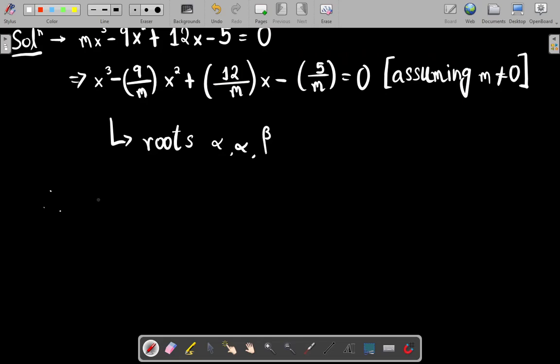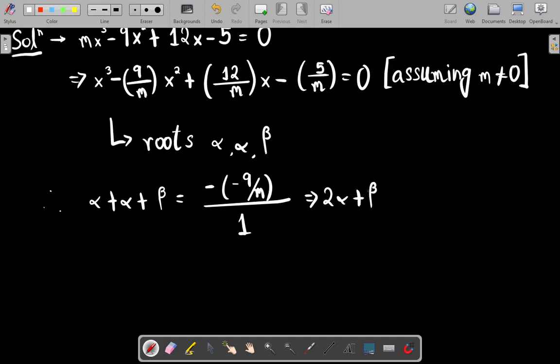The first relation, sum of roots: 2 alpha plus beta is equal to minus of coefficient of x square upon coefficient of x cube, so minus of minus 9 upon m divided by 1. So 2 alpha plus beta is equal to 9 upon m. Let's say this is equation 1.